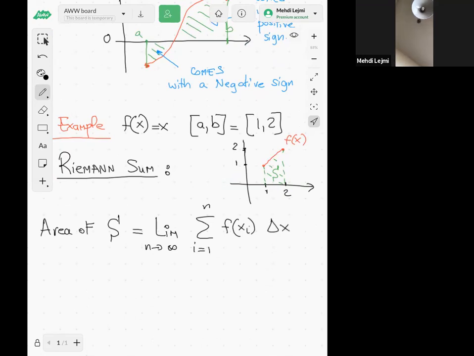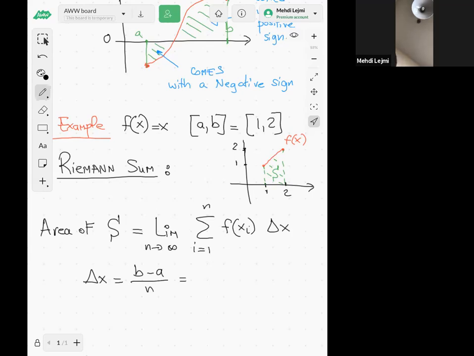Again, delta x is your length element. So that's the Riemann sum. And what would be the formula for delta x? We said it's just b minus a over n.